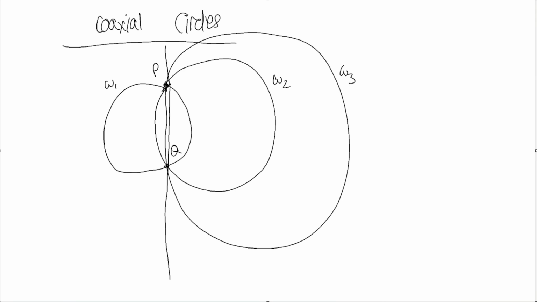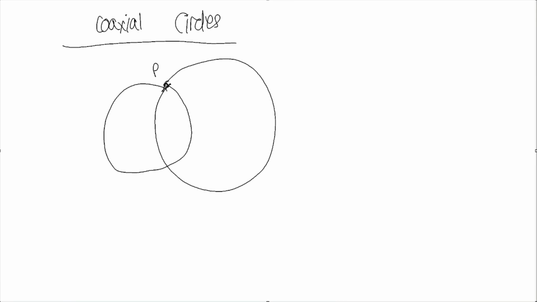But what happens if they have the same radical axis? Does having the same radical axis imply that they share a common point? Well, let's see if we can prove this. So suppose that we have omega 1 and omega 2 here, and they intersect at another point Q, and PQ is the radical axis of these two circles.